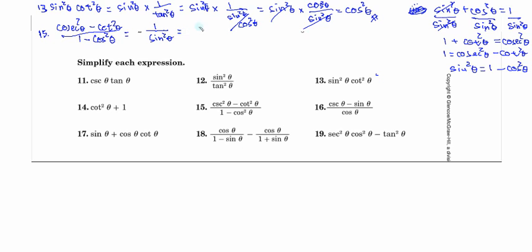So this can become 1 over sine theta square. 1 over sine theta is actually cosecant theta, and you have a square here. Okay, that's it.